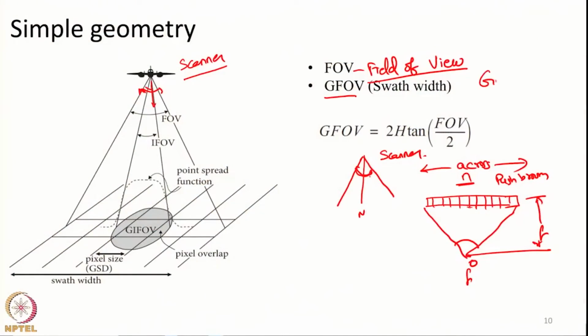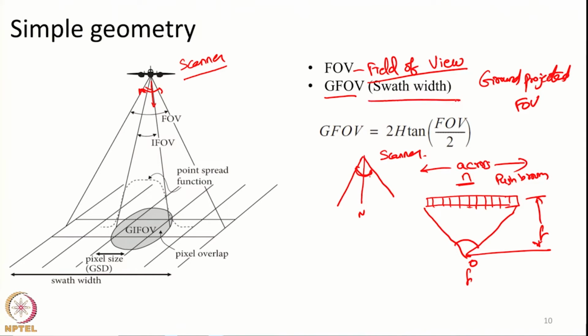This distance covered by one scan on the ground is known as swath width, or another term is GFOV, ground projected FOV. Here I have given it as ground projected FOV, or we also call it swath width.